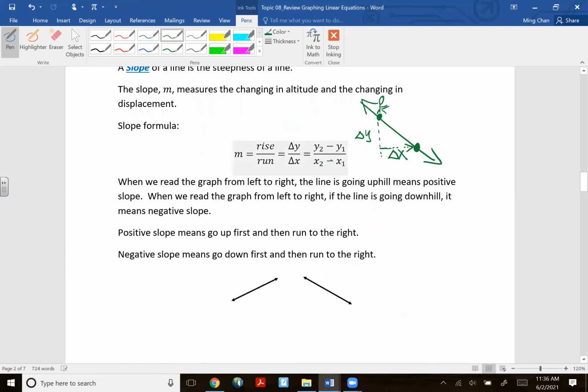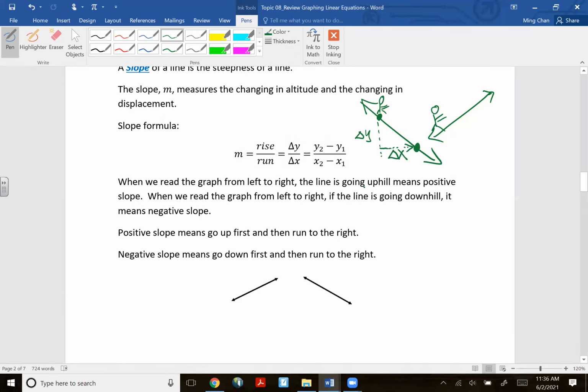So the subtraction here is simply looking for the distance, distance coming down or going up as compared to distance going forward. The run is always run to the right. It doesn't matter if the line is going down the hill or up the hill. You always put yourself on the right-hand side.